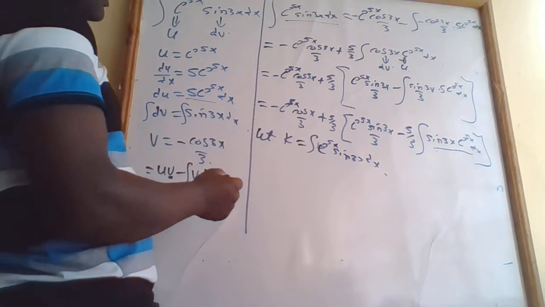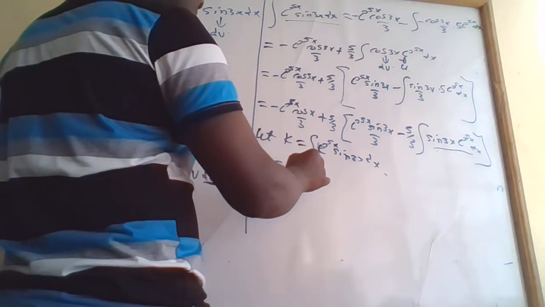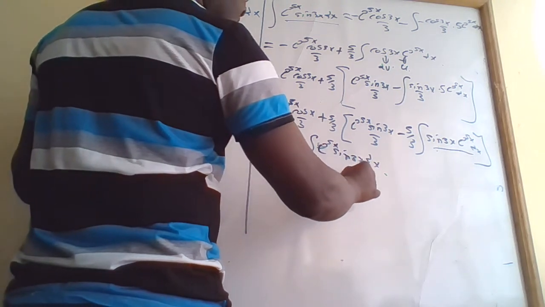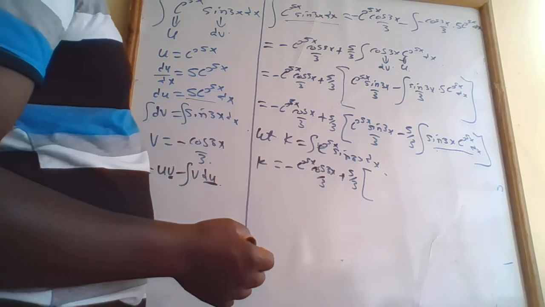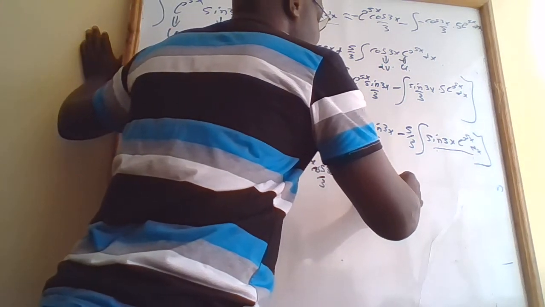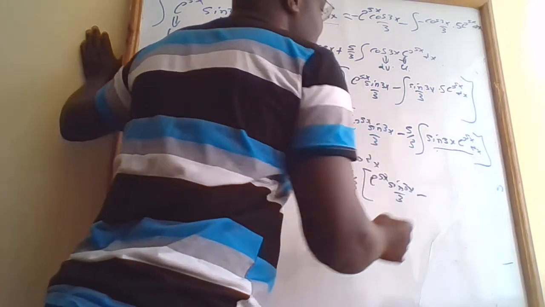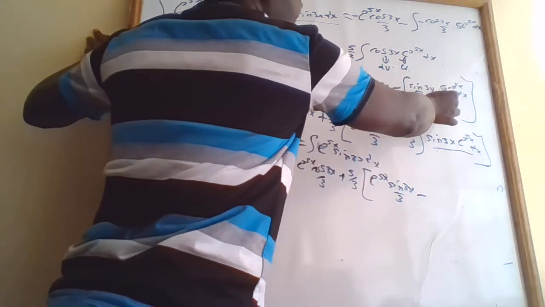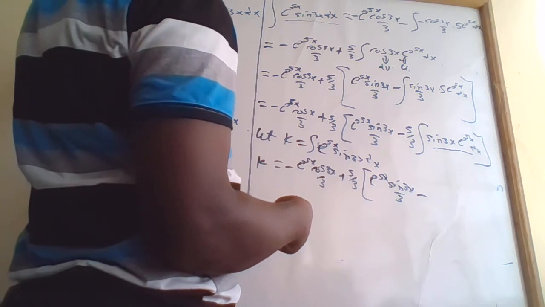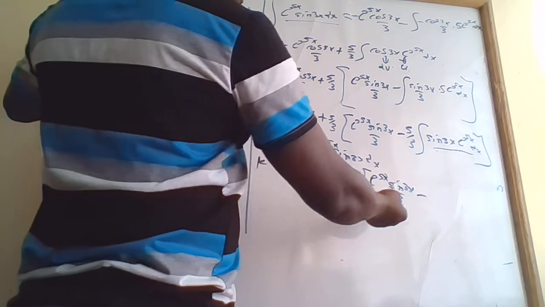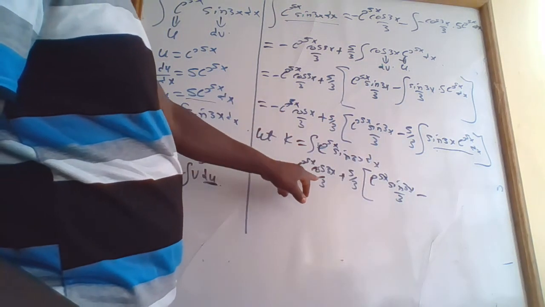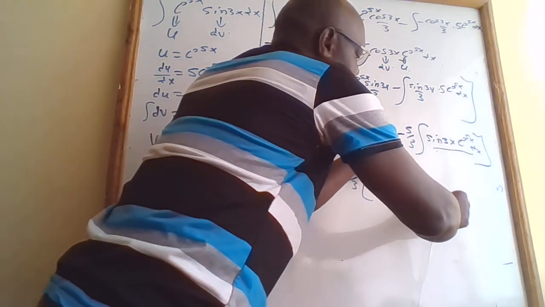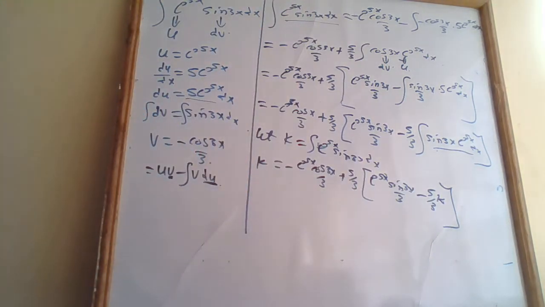So if that is the case, then the equation becomes k equals minus e^(5x) cos 3x all over 3 plus 5 all over 3 into e^(5x) sine 3x all over 3 minus 5 all over 3 k.